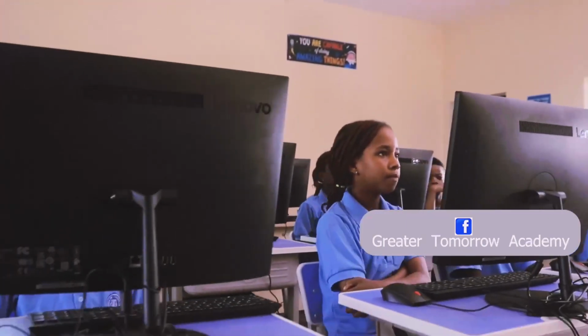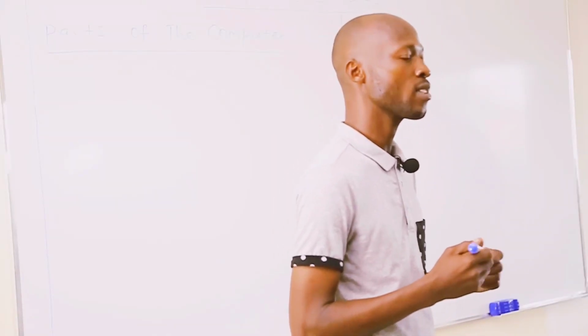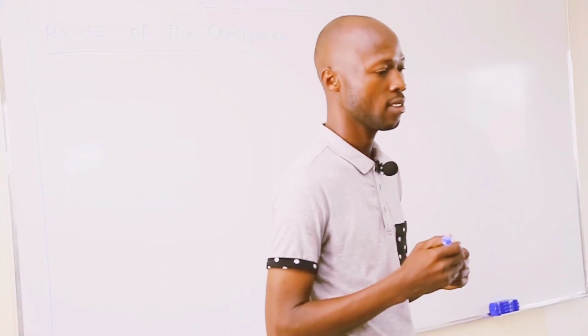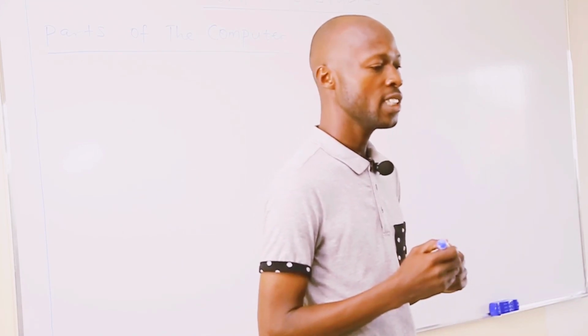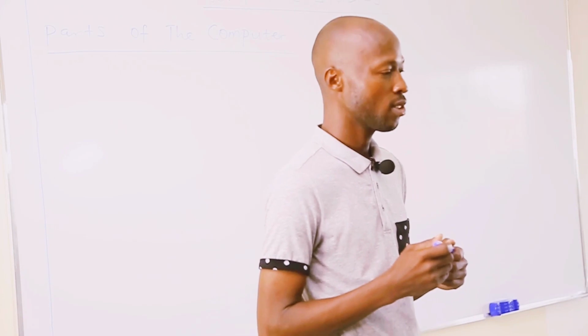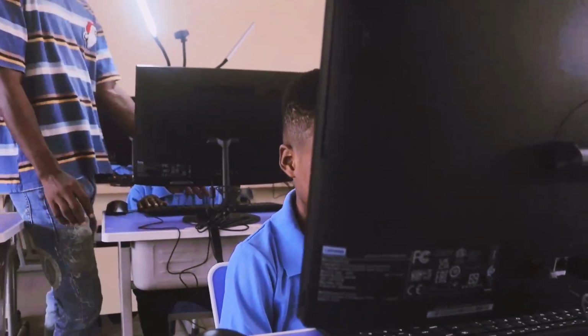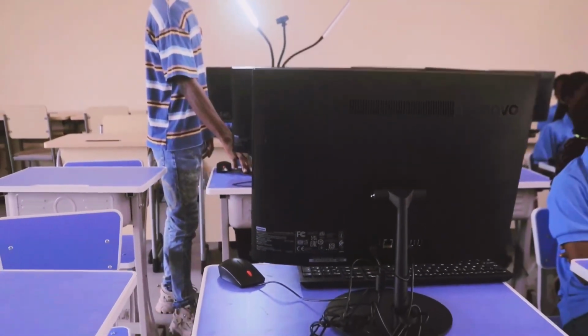Now, right in front of you, you have a perfect example of what a computer system is. You have a screen, you have a keyboard, you have a mouse. Now, apart from the things you can see in front of you, we have several other parts of the computer.